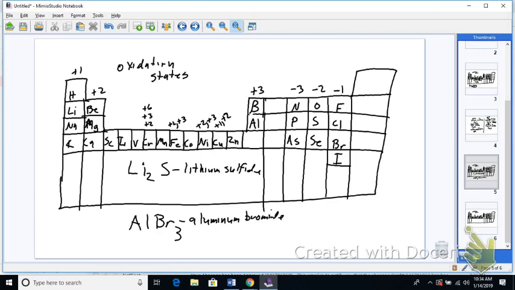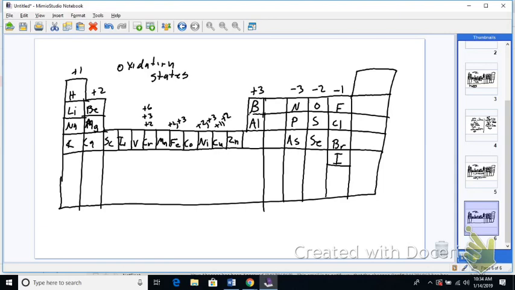Now, the last thing I need to show you has to do with these middle ones. Okay, so I'm going to go ahead and give you one, and we'll see if we can figure out which one of these ones listed is the one we're going to have to use a Roman numeral for. Okay? So I'm going to do this one. I'll do an easy one to begin with. So I'm either going to have to write iron 2 or iron 3.